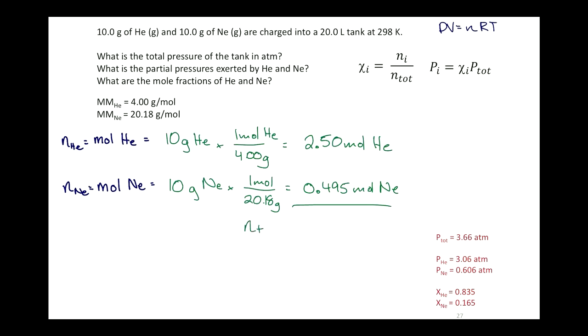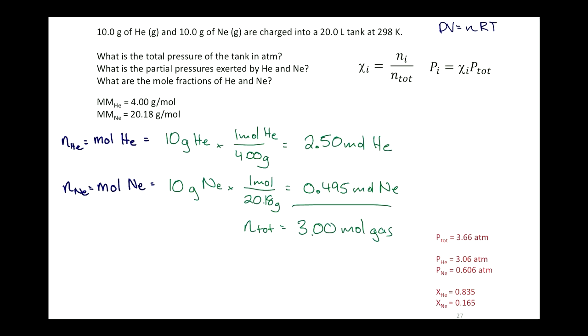So what might be useful is to calculate how many moles of gas are present total. It's about 3, let's just round up to 3. So there are 3 moles of gas present total, where 2.5 are helium and half a mole is neon.